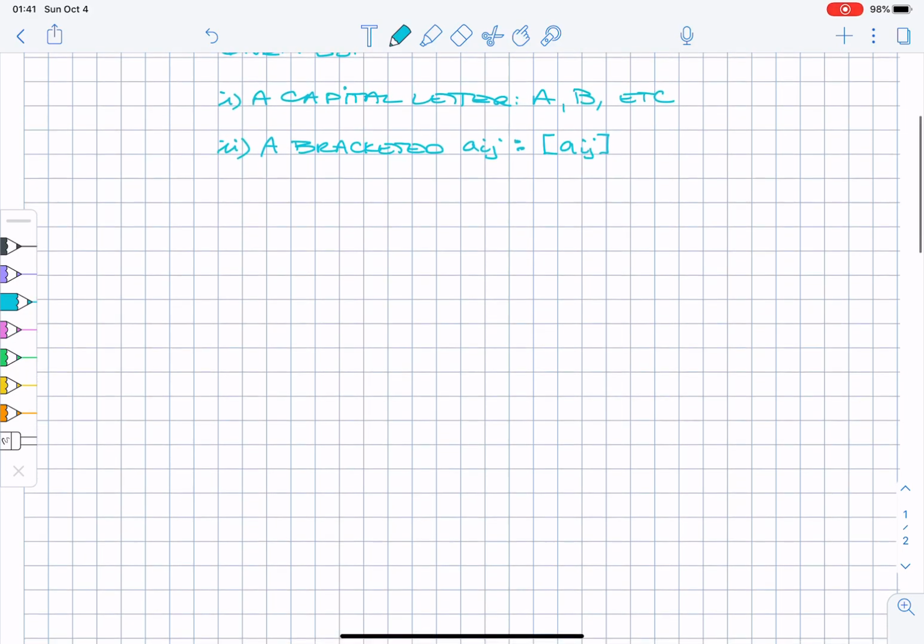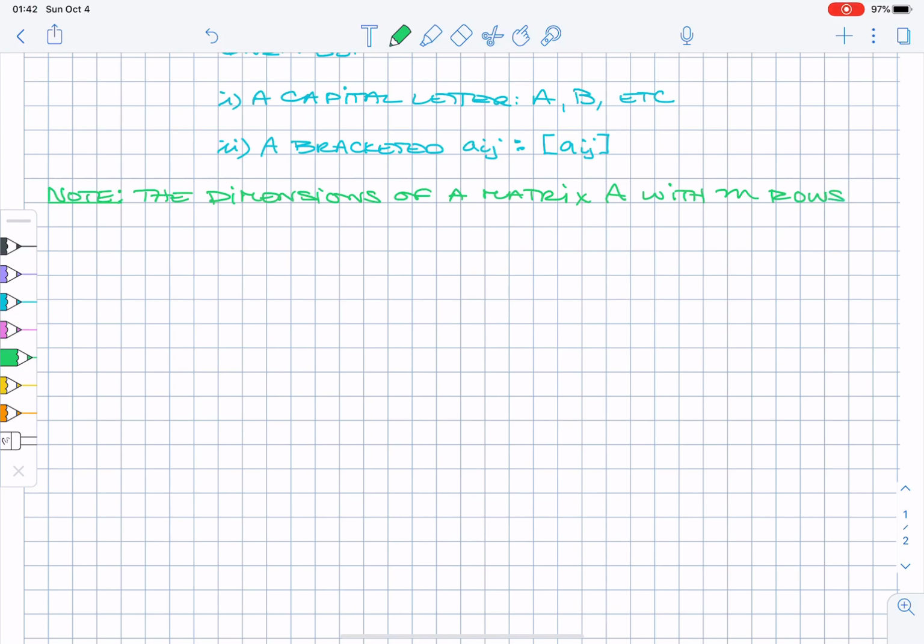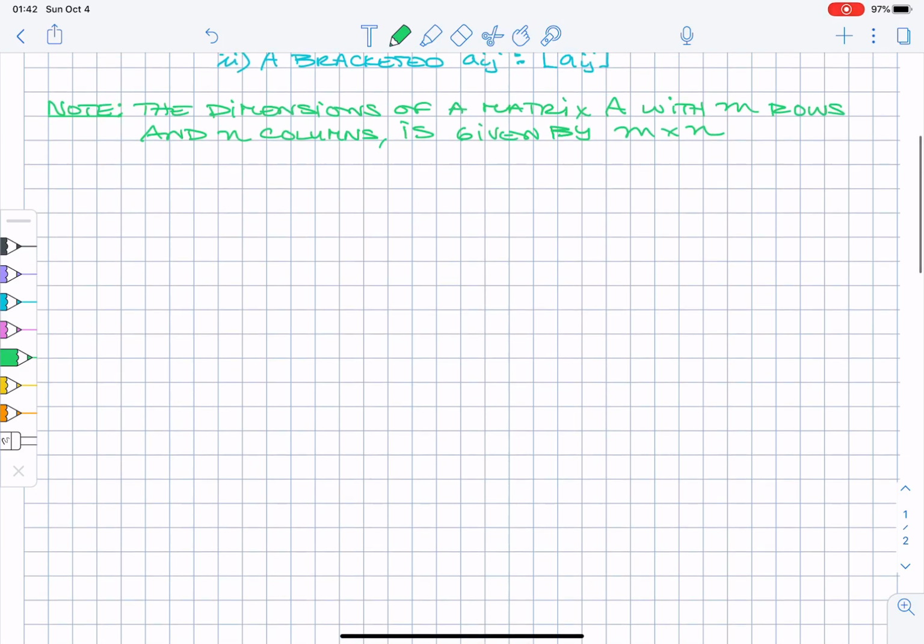Okay, so for example, or actually let's note first the dimensions of a matrix A with M rows and N columns is given by M cross N, that is, rows by columns.